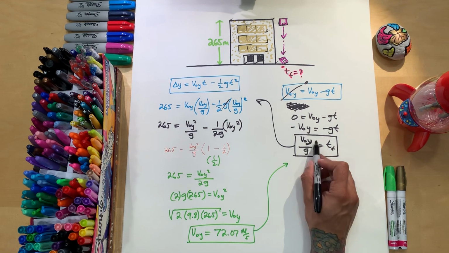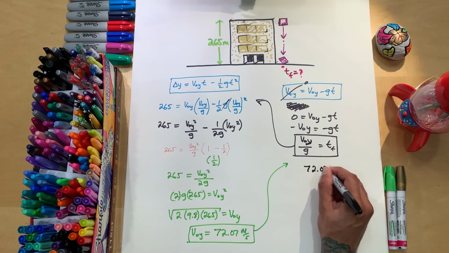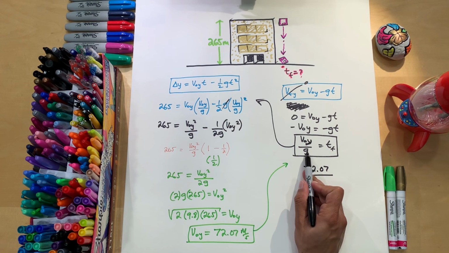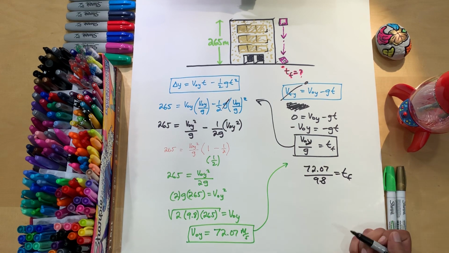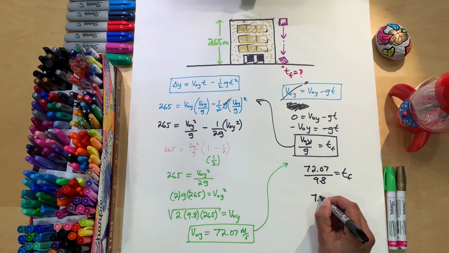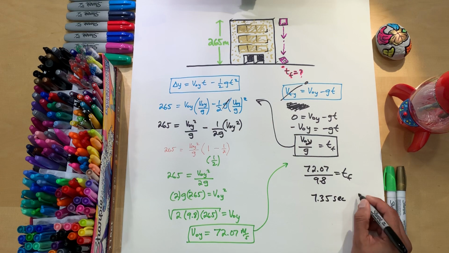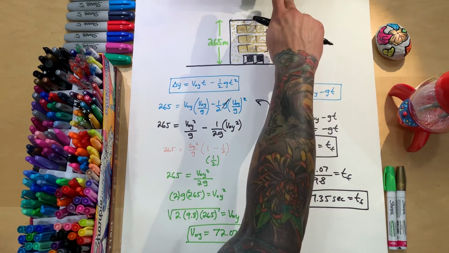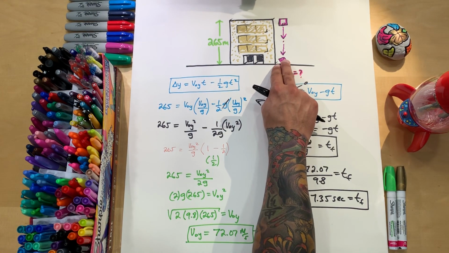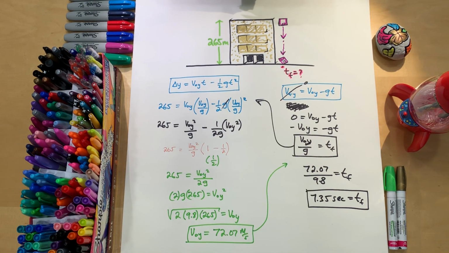So velocity initial in the y up here, which is 72.07 over gravity, which is 9.8, is equal to 7.35 seconds. That is the time final where the iPhone drops from the building, and whoever did it gets clout and is happy about what he just did.